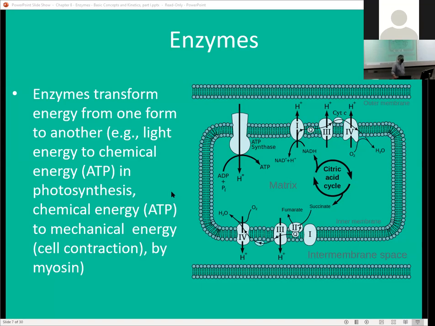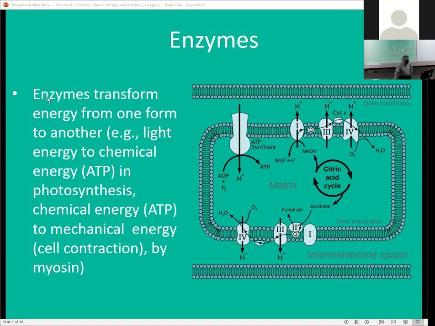Then we can take the chemical energy contained in ATP, and again, by catalyzing this reaction with an enzyme, we can transform the chemical energy in ATP to mechanical or kinetic energy by powering myosin in order to cause a cell contraction of a skeletal muscle.